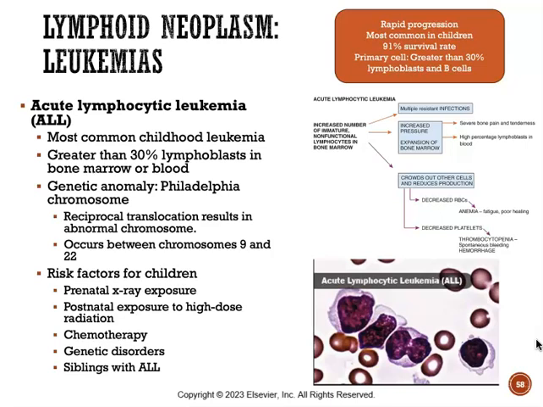And a key genetic factor in ALL is our Philadelphia chromosome. That's an abnormal translocation that occurs between chromosomes 9 and 22, which alters normal cell growth. We're not really sure what the exact cause of ALL is.